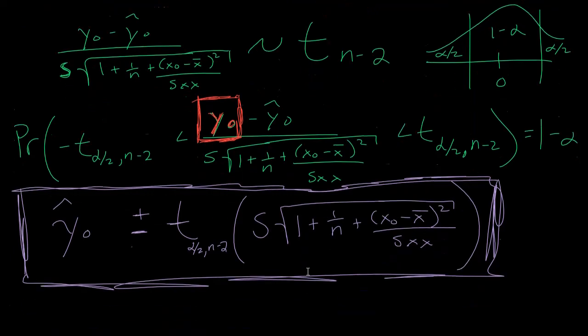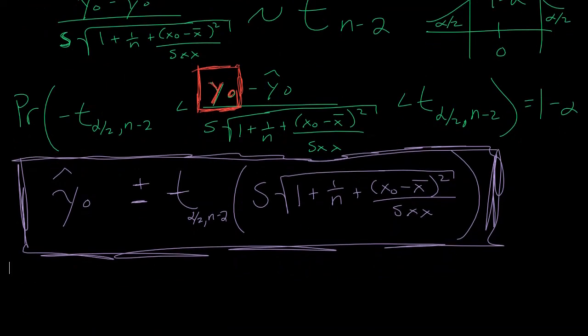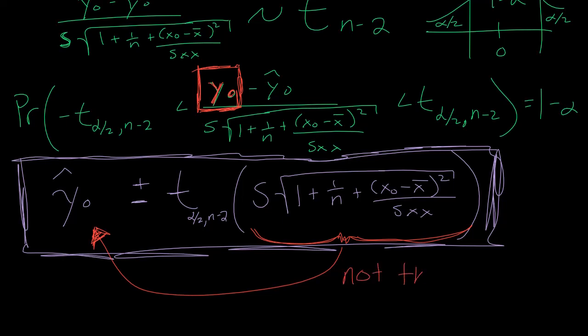And it's important to know, usually when you have a confidence interval, this piece over here is the standard error of whatever your estimate is. It's important to know that this is not the standard error of y hat naught. So this is not a confidence interval in that sense.